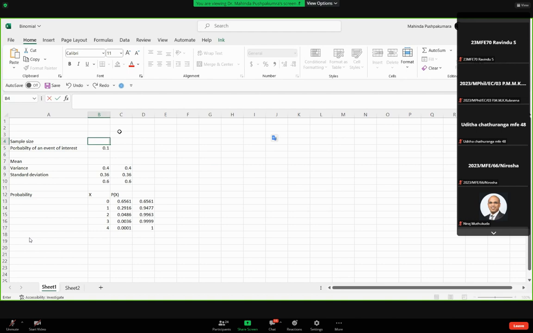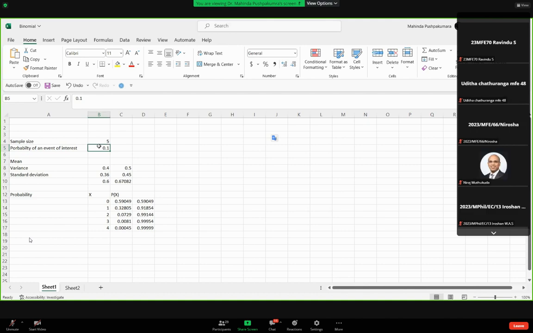Then let's say n equals 5. Probability of success is 0.1. Then x is 0, 1, 2, 3, 4. Then you can find the probability using this.